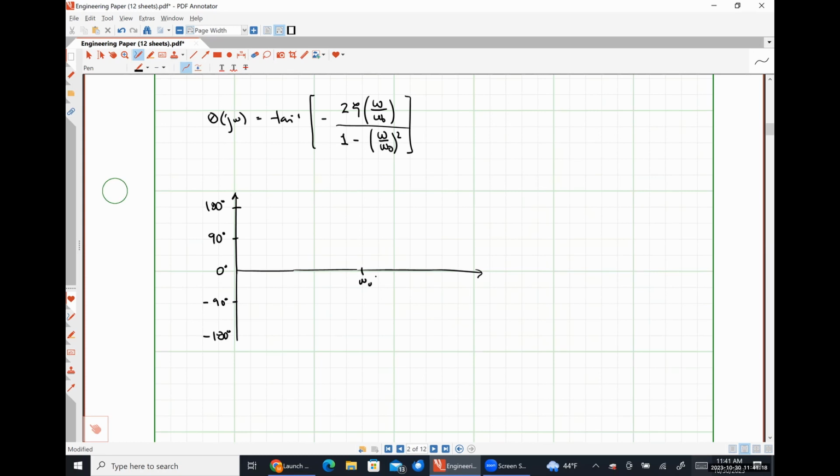Let's see, 0.01 ω₀, 0.1 ω₀, ω₀, 10 ω₀, and 100 ω₀.